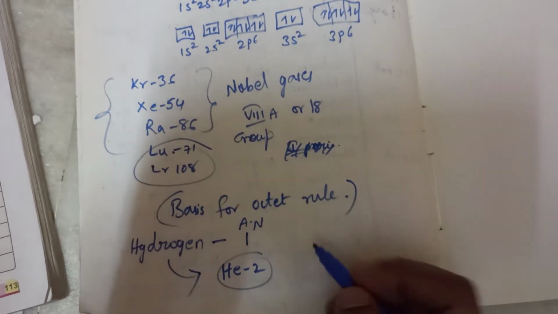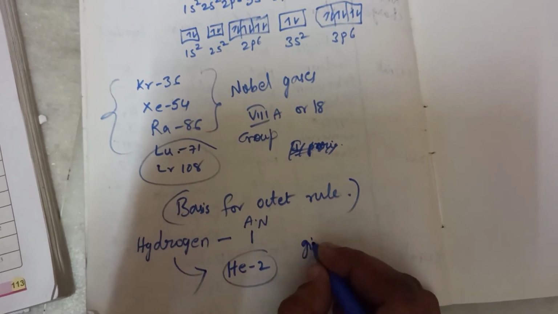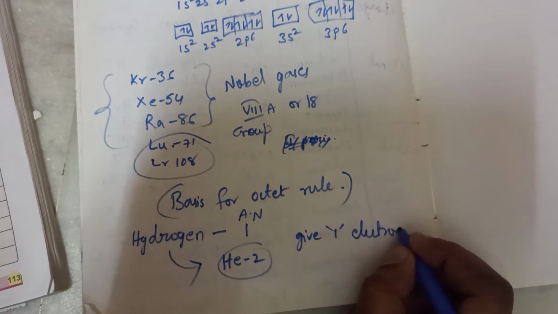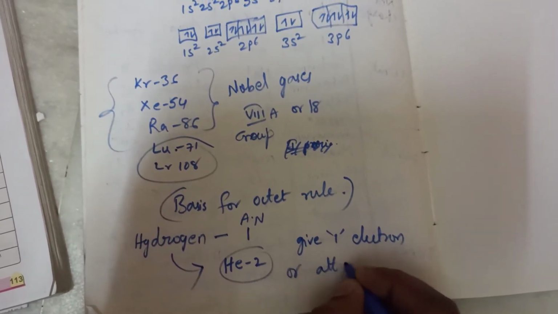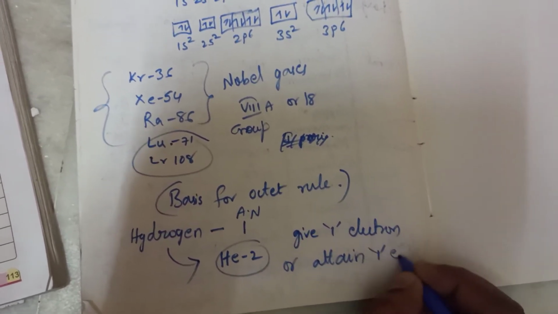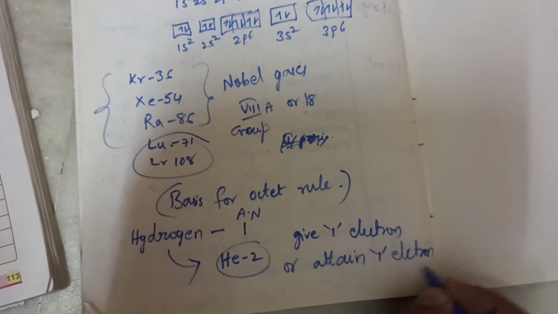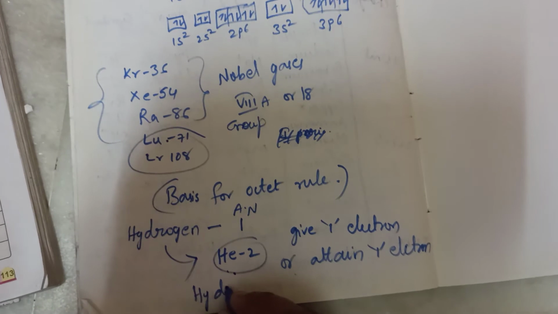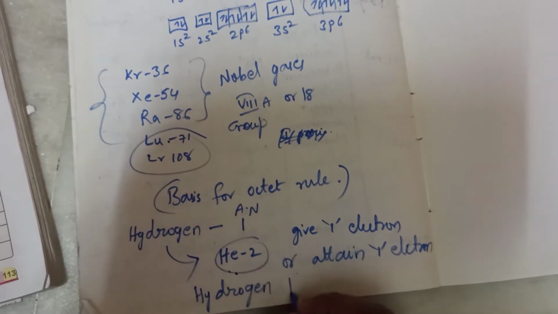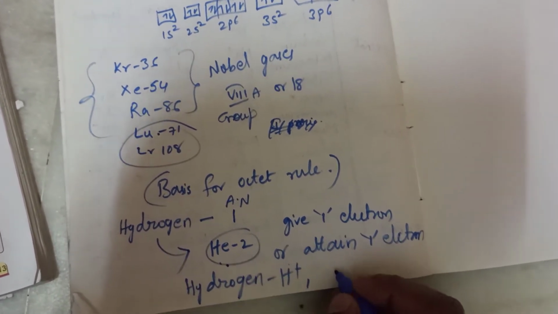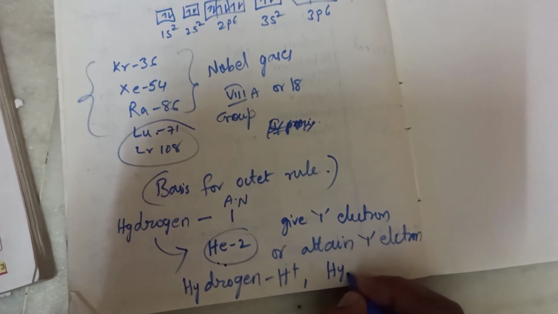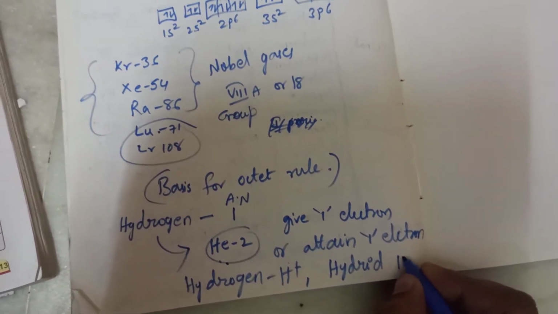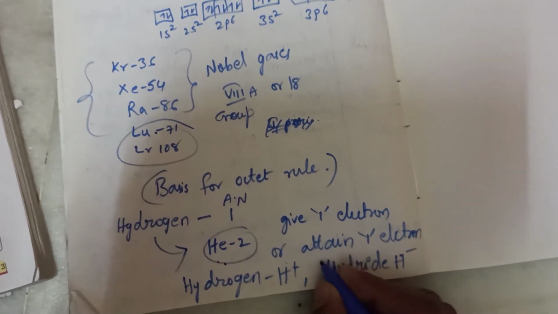For that, it needs to gain one electron to reach the electronic configuration of a noble gas. So hydrogen can be plus 1, or it can also lose one electron, and hydride is H minus, like that.